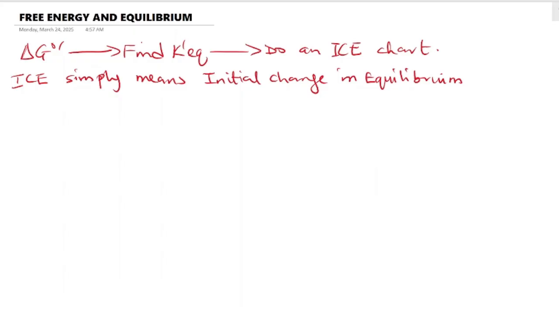It's one of those charts we use in general chemistry to track where things start from and where they end up, and then to do calculations based on the equilibrium constant. So we want to quickly bring out a formula again for the equilibrium constant. We have delta G standard equals minus RT ln K_eq.